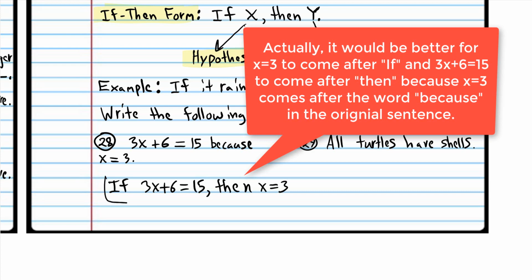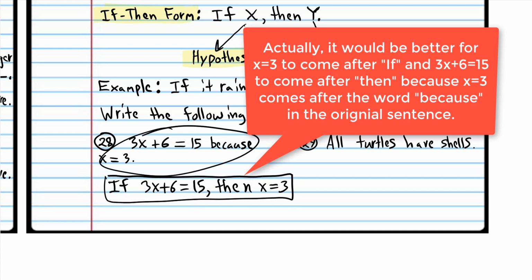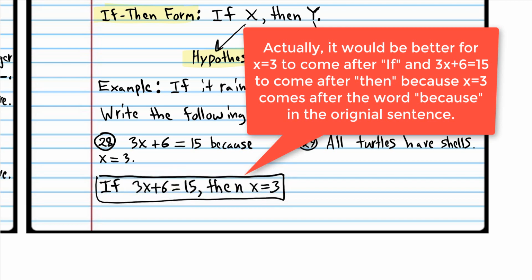Does that make sense? So we took this statement and we just turned it into if-then form. If-then form is a much more powerful way to say that. We're just getting used to using if-then form because it is a very effective way to make a conditional statement.